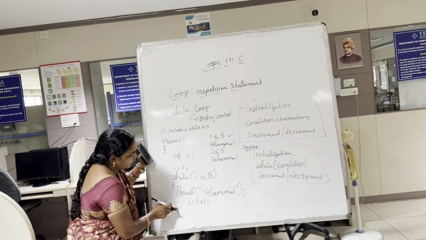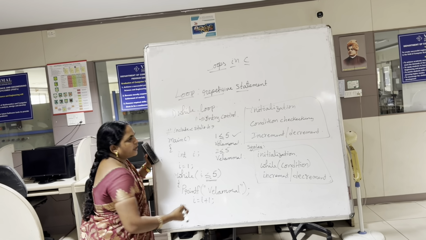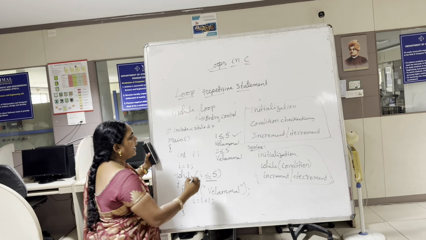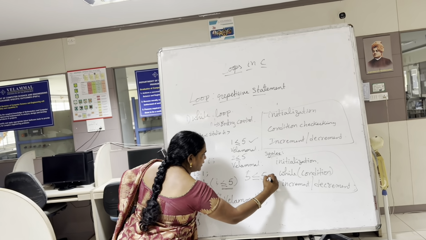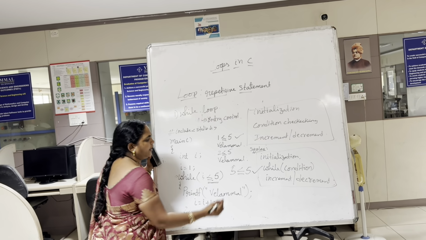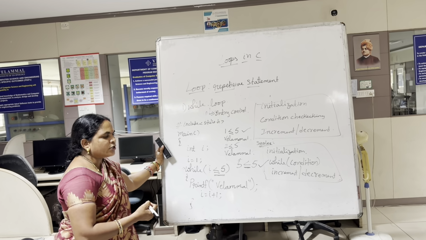Again the I value will keep on continuously repeating till it reaches the condition. Once the I value is equal to 5, and 5 less than or equal to 5, this condition will be satisfied, as we have used the less than or equal to symbol.